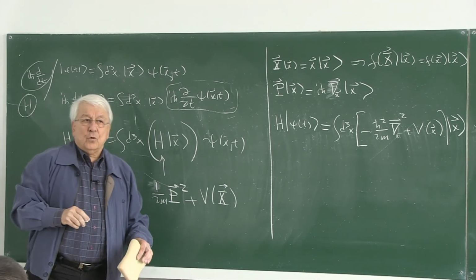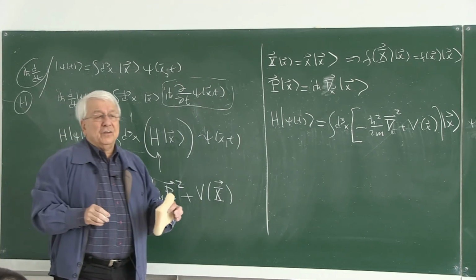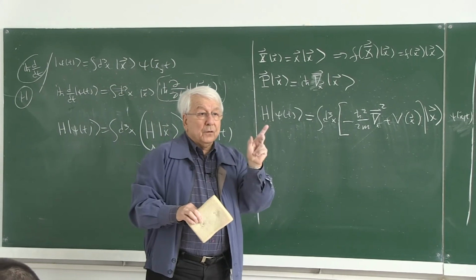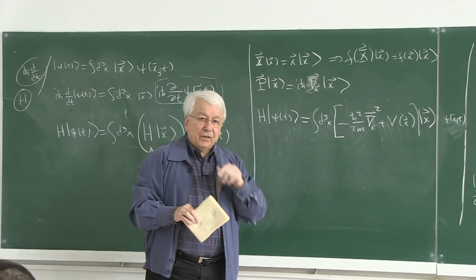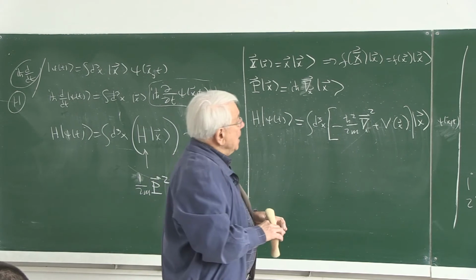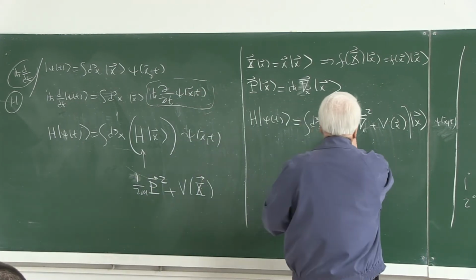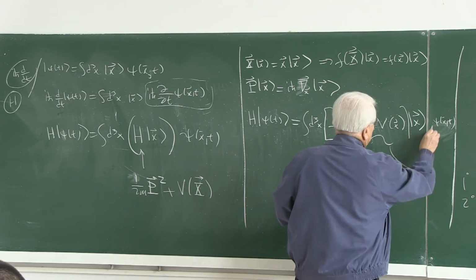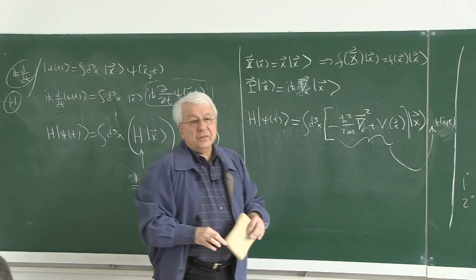In order to compare those and take advantage of the linear independence of the x family, being complete and orthonormal, this x eigenvector basis is linearly independent. In order to take advantage of it, I have to somehow move this from here to here. How do I do that? Well, it's easy.